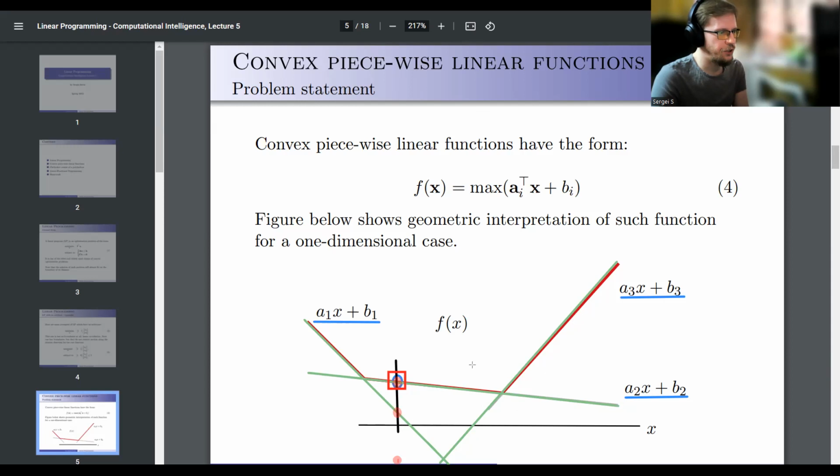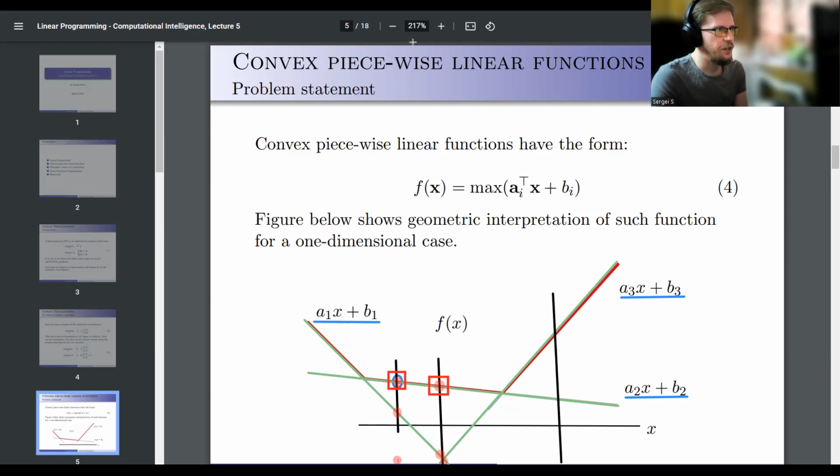Let us consider the value here. Again, we have three values that the functions attain: a2x plus b2, a1x plus b1, and a3x plus b3. Again, we clearly have a winner. The maximum value is this guy. Last example. Let us consider the value of the function here.